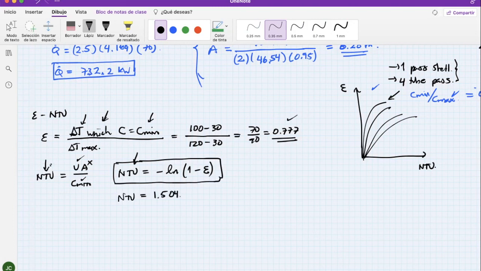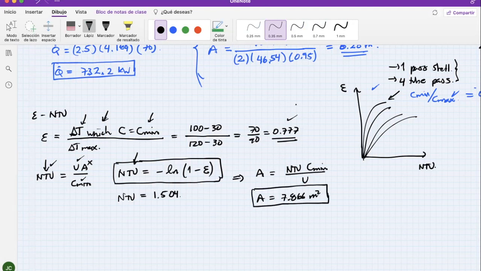Now I have this, and I can calculate the area from the algebra: C minimum divided by U. Therefore, the area for this method is 7.866 square meters.